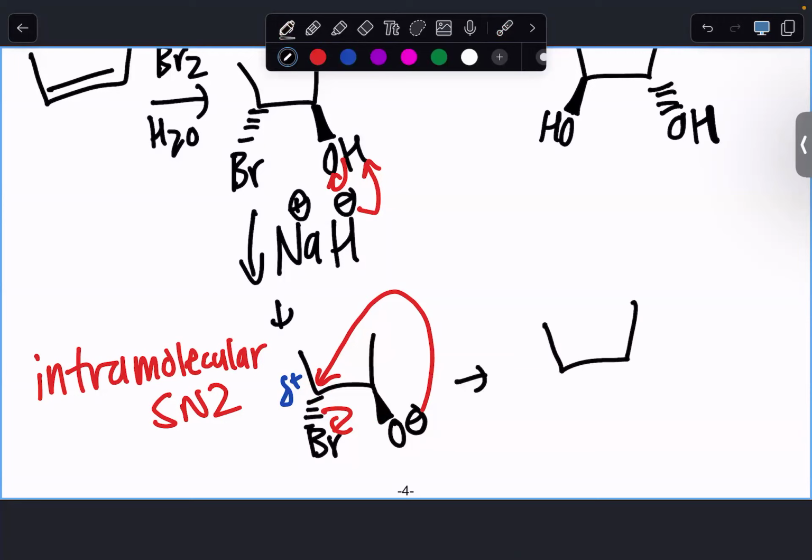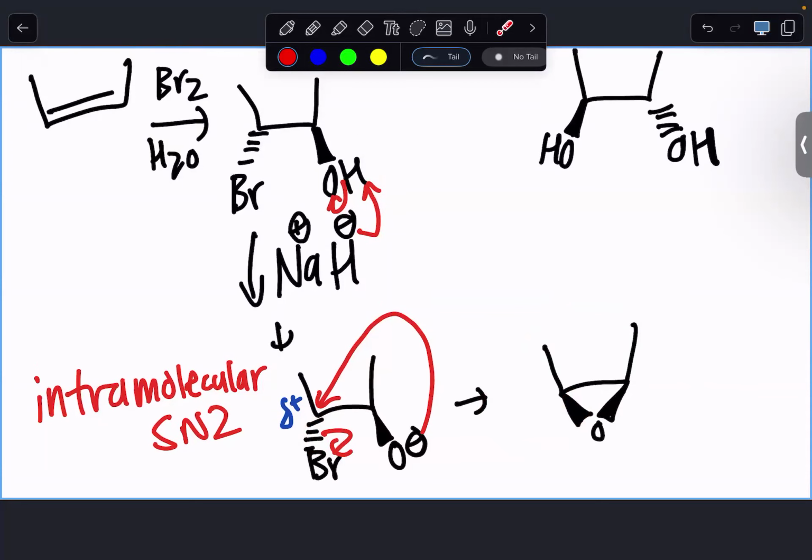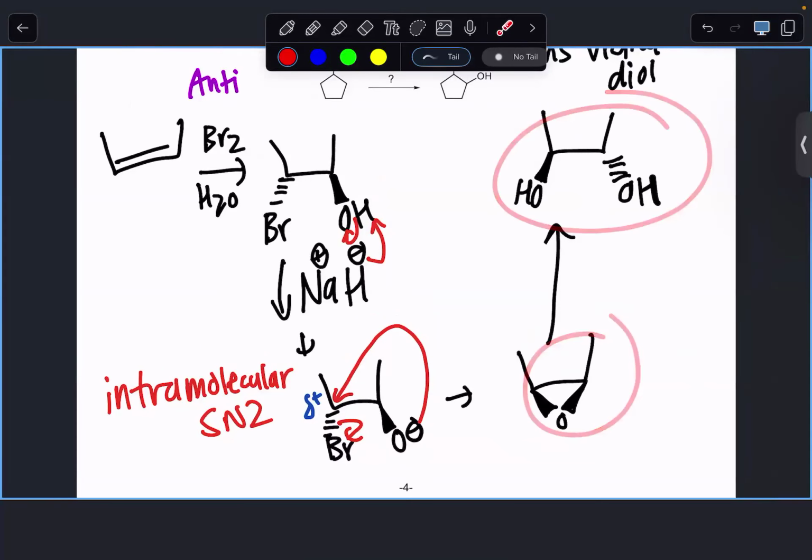Where that ring is going to be this ring right here, where it inverted this dash into a wedge like that. So this is our epoxide right there from intramolecular Williamson ether synthesis, right?